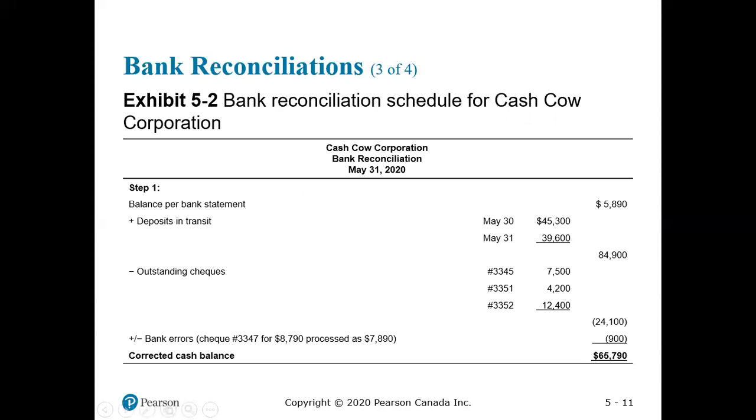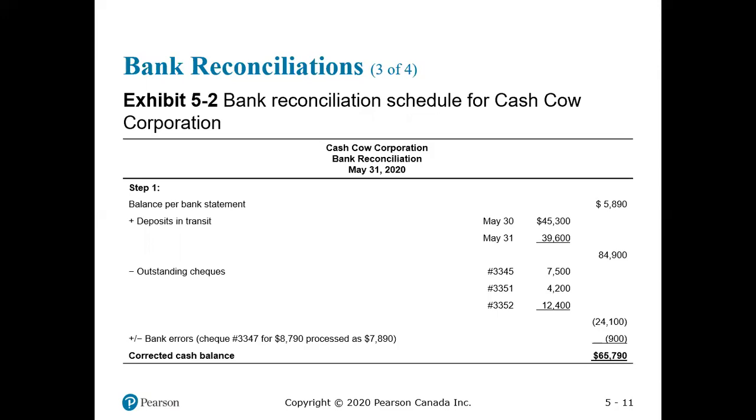So Exhibit 5-2 on page 207 shows an example of the different steps for a bank reconciliation. So the information used for this bank reconciliation is stated on page 207. So in this case, step 1 would be to start with the balance per the bank statement. So on page 207, it tells you that the bank statement shows a balance of $5,890.